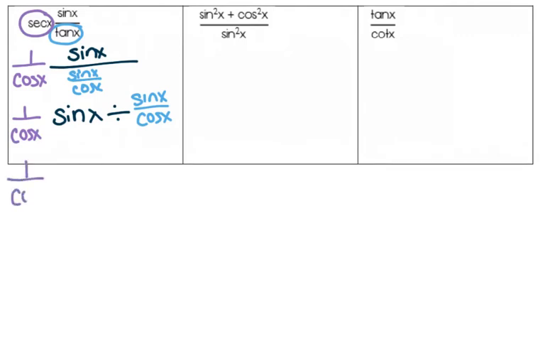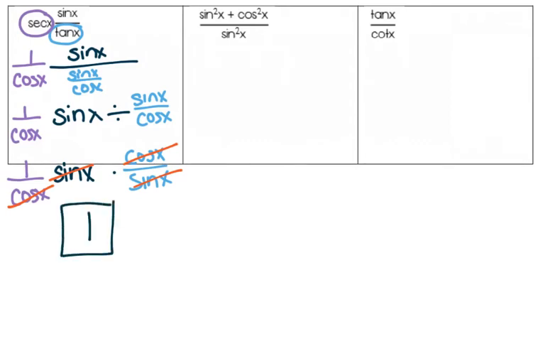We're going to keep the first one the same because it's fine, and then we're going to do same, change, and flip. Okay, so watch what happens. There is a sine on top, a sine on the bottom, a cosine on top, a cosine on the bottom. The only thing left is the number 1. That's how that one simplifies.